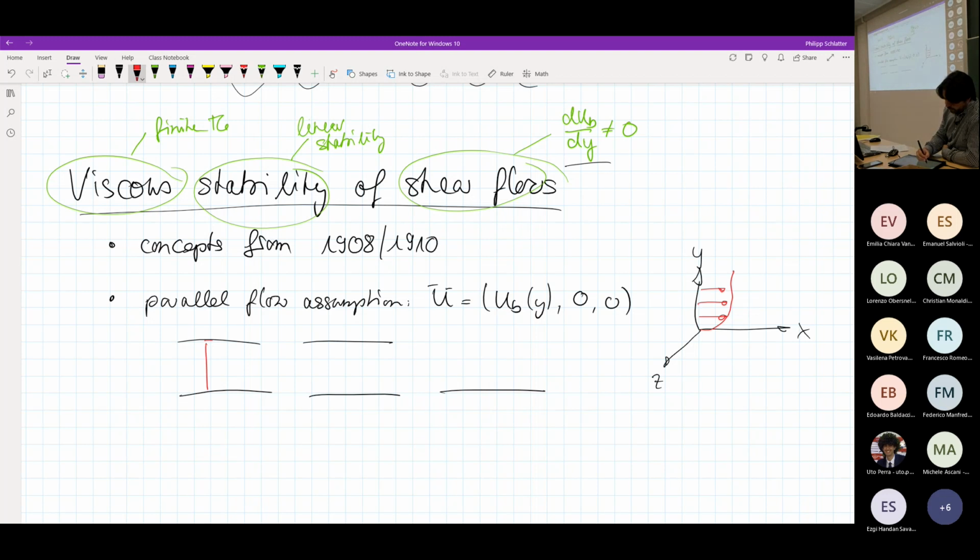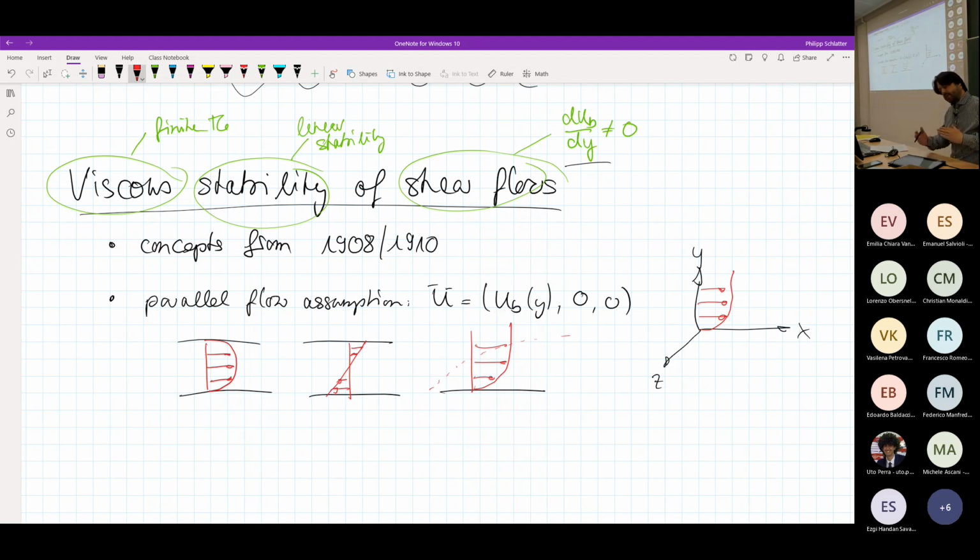So, for instance, Poiseuille flow, so channel flow, is of course part of this. Couette flow is also a parallel flow, so we can treat that. Boundary layers are of course a little bit different because in reality a boundary layer would grow. You know, we derived that it goes like the square root of x.